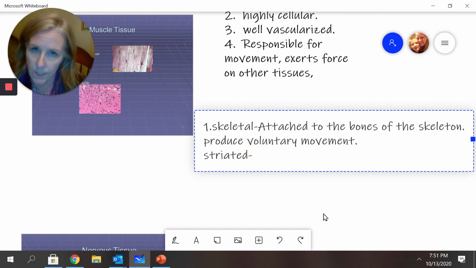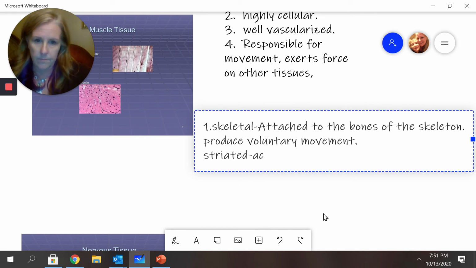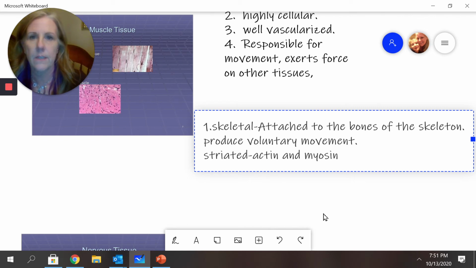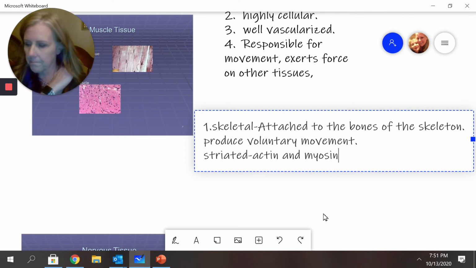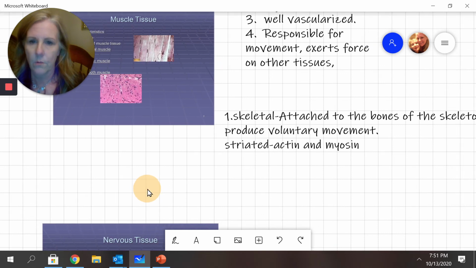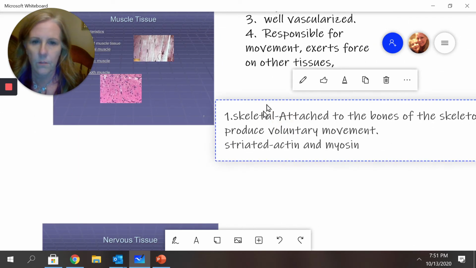What is causing those striations are 2 major types of proteins called actin and myosin. These are the major proteins found in muscle fibers, and it has to do with the orientation of the actin and the myosin. So that is skeletal.